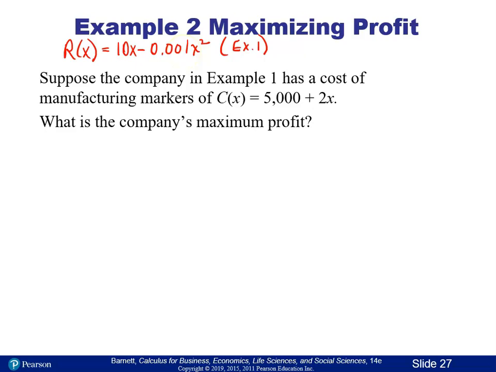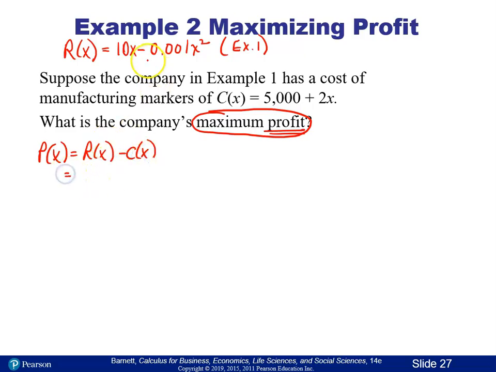Okay, so when you read through this, they give us a cost function and they want us to maximize the profit. So I need to work with the profit equation and I need to take the derivative of the profit equation once I have it in terms of only one variable. If you remember, profit is the revenue minus the cost.